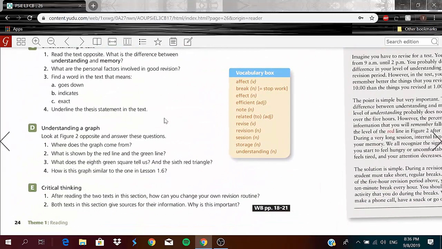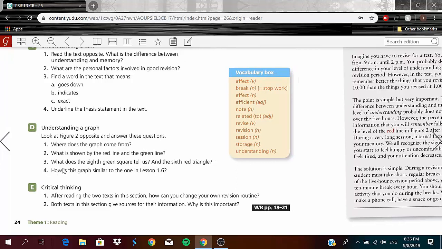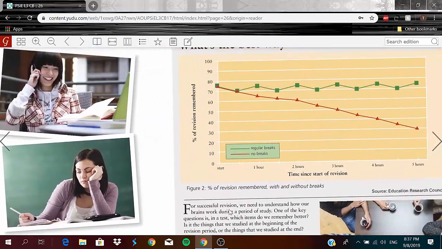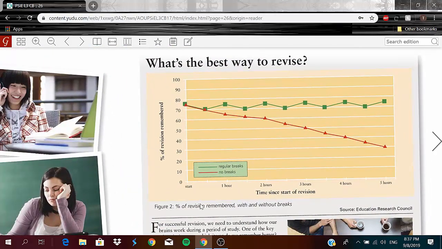All right? And then we have, what does the 8th green square tell us? And the 6th red triangle. Let's take a look. The 8th, so 1, 2, 3, 4, 5, 6, 7, 8.